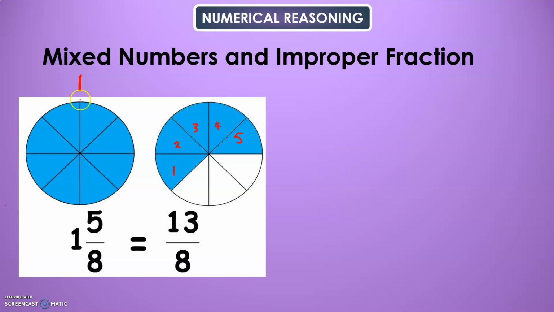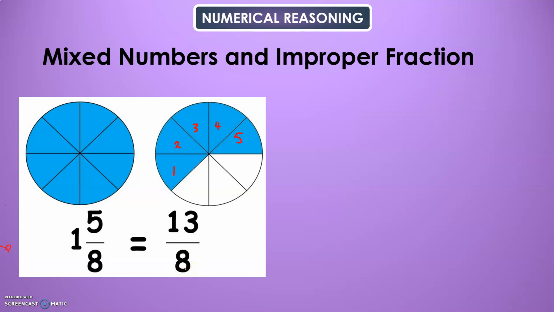That's where the 1 here and the 5 come from. So we're now comfortable that that diagram represents 1 5/8, so a whole 1 on the left and 5/8 on the right. But it also says down the bottom here that it's equal to 13/8.